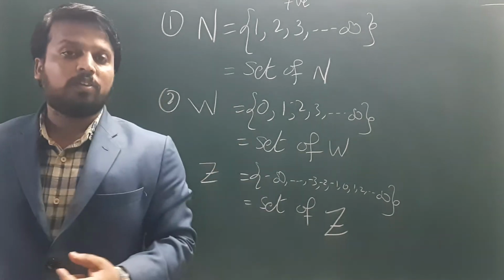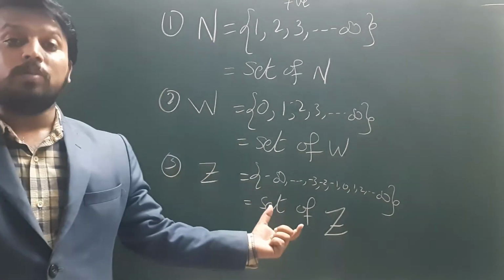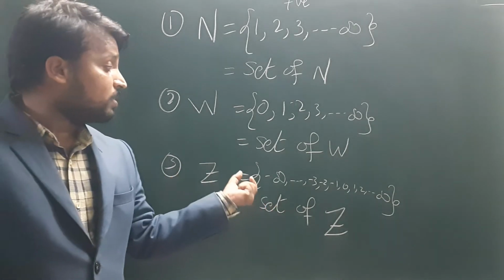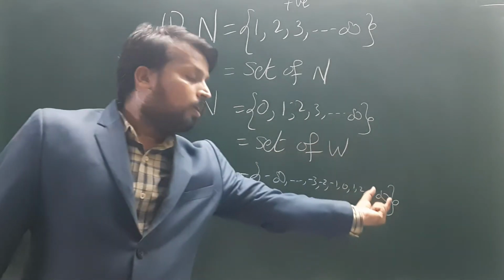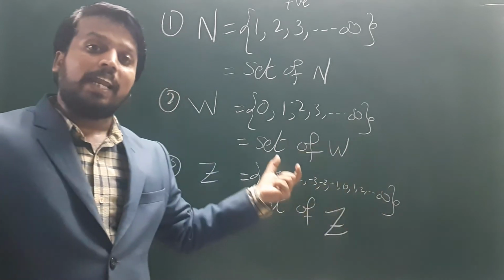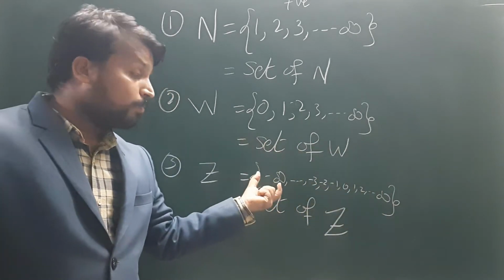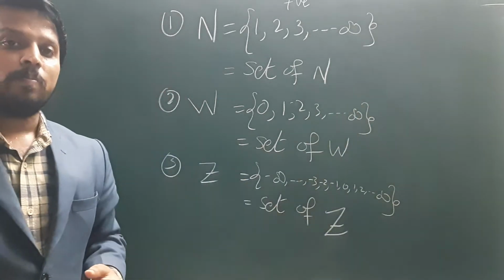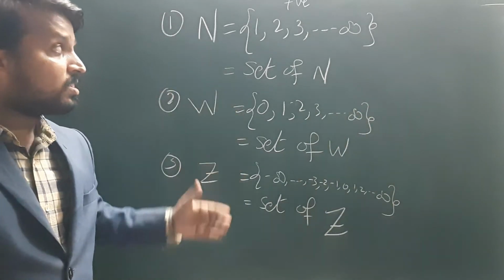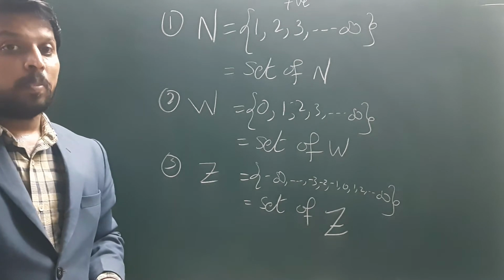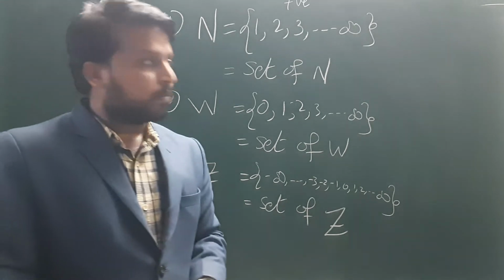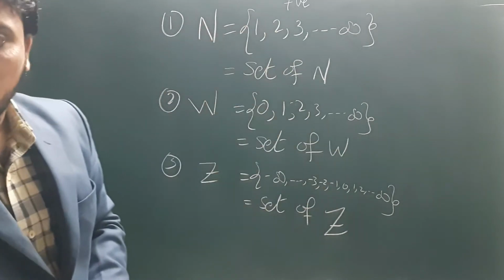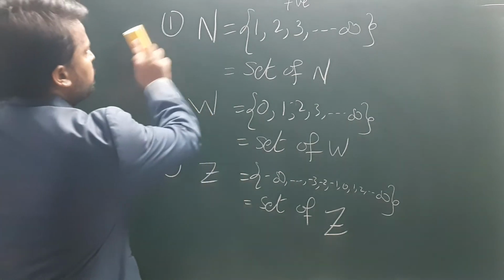The third type is integer numbers. The set of all integers is from minus infinity to plus infinity, the collection of negative numbers, 0 and positive numbers. These are the first three types, which we learned up to grade 7, right?